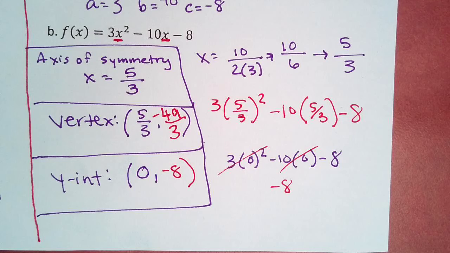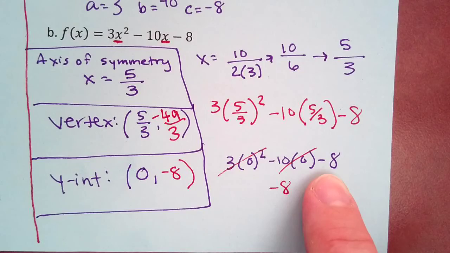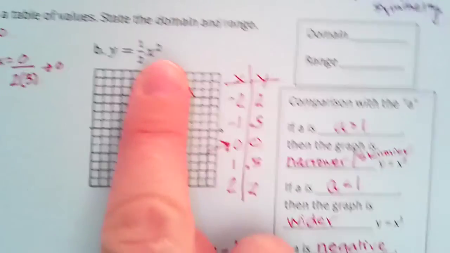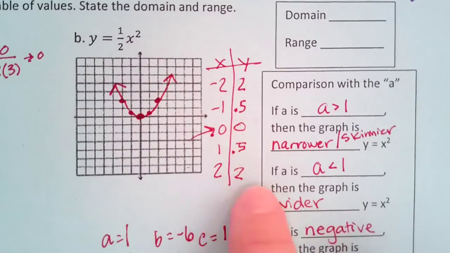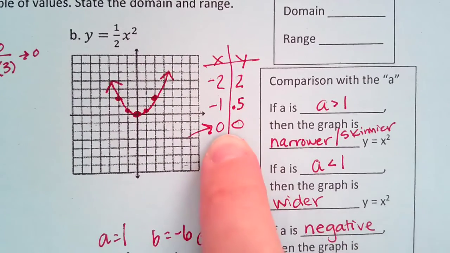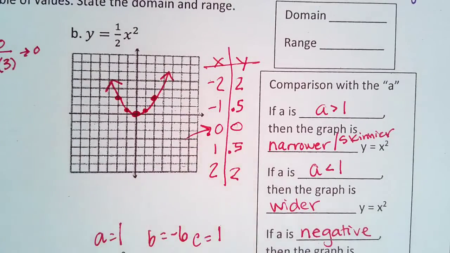Isn't how we would do it where the last number in the equation is the y-intercept? Yeah, that's a good point. The last number in the equation, the constant, will probably be your y-intercept. Was there a constant in these? No. So it was 0. So that's why our origin, or our vertex, is also our y-intercept, 0, 0.